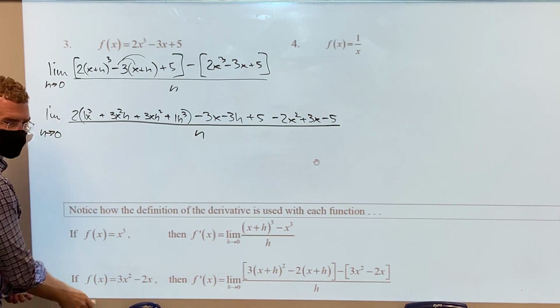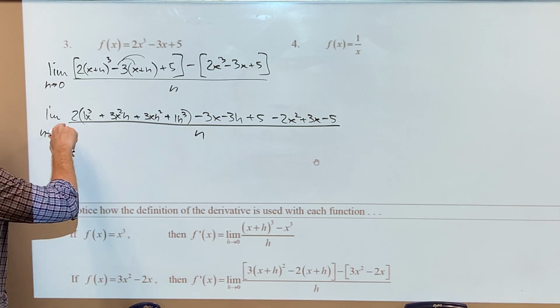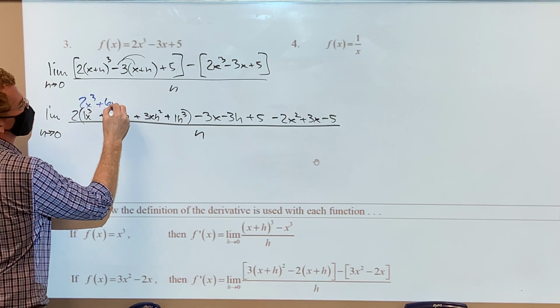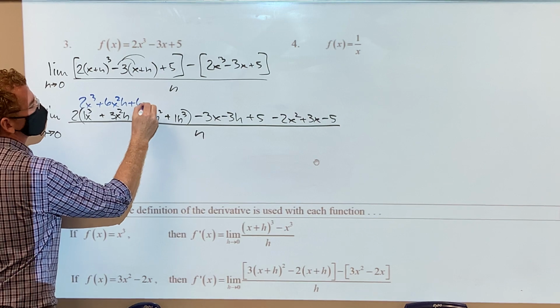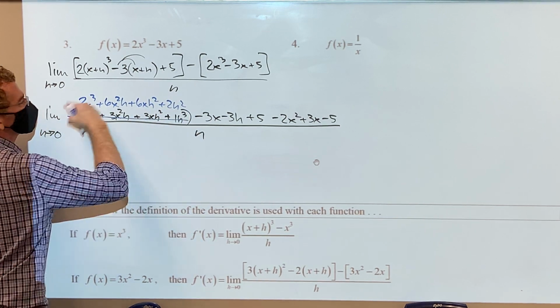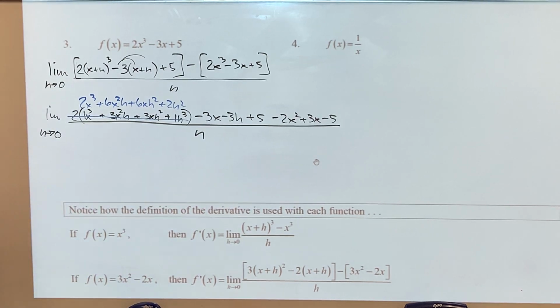And I'm going to take a little time so I don't have to rewrite this whole problem. If I distribute the 2 in there, 2x cubed plus 6x squared h plus 6xh squared plus 2h cubed. So this is what I got left, right? And what's supposed to cancel every time?